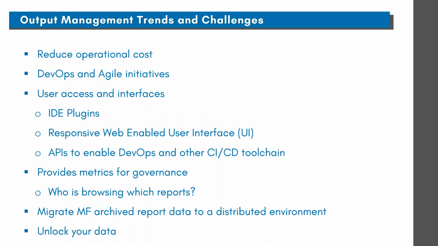Let's talk a bit now about what we've observed, particularly over the last 5 to 10 years in the output management world across the globe, and what businesses are facing, and the needs that they have. As you know, no doubt, things are certainly changing.